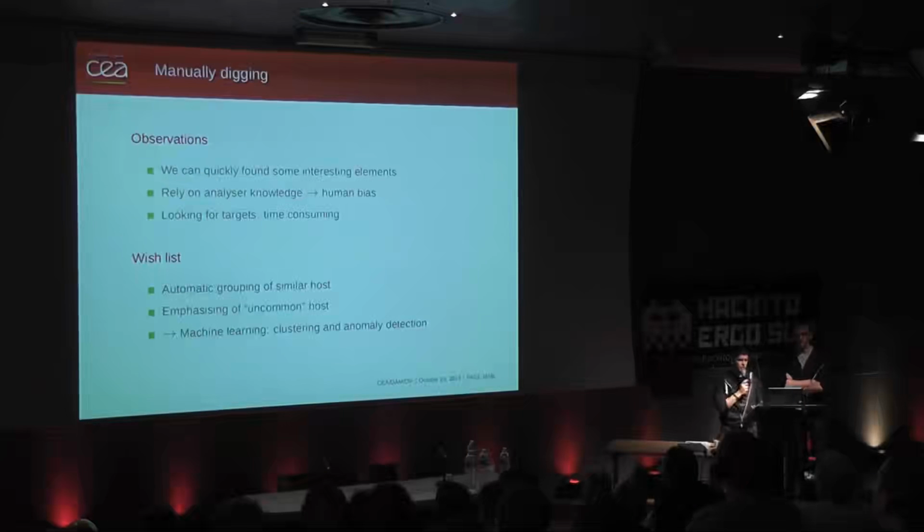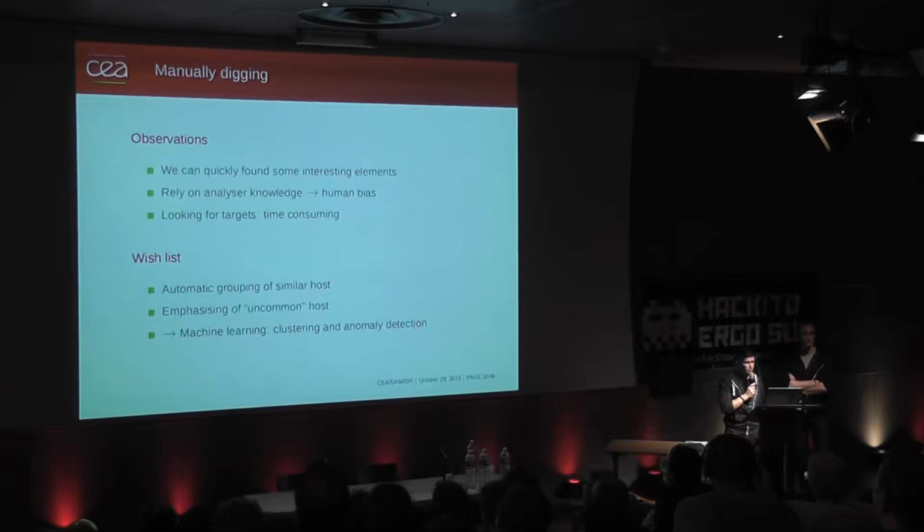And what we want is maybe an automatic grouping of similar hosts. That is to say, if I look at a host which is a web server with common services and common products, I don't want to have to do the same for every web server which looks like it.